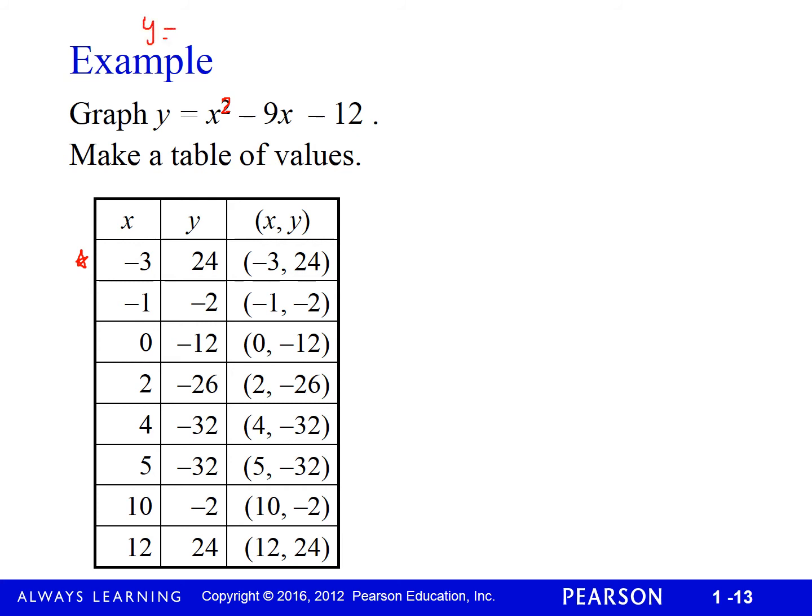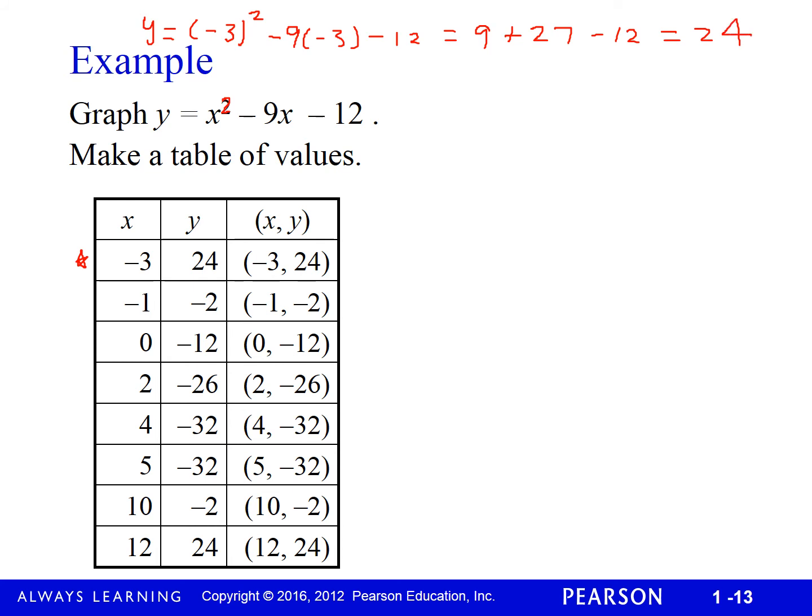So y equals the square of -3. Got to have the parentheses around the -3, right? Minus 9 times that -3 minus 12, which is 9 plus 27 minus 12, which is 36 minus 12, 24.